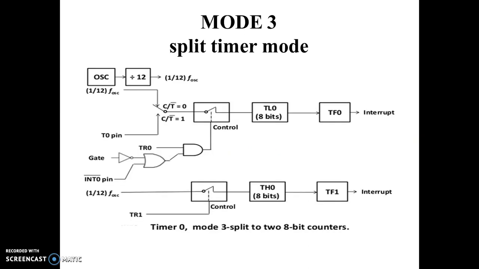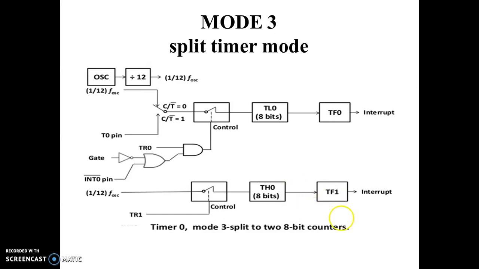Moving on to mode 3. Timer 0 and timer 1 can be operated in mode 0, mode 1 and mode 2, but mode 3 is possible only for timer 0, not for timer 1. So TL0 and TH0 become two separate counters, as we see in this diagram. TL0 is controlled by the gate and timer overflow flag, and TF0 is set whenever all the bits in TL0 go from 1s to 0s.